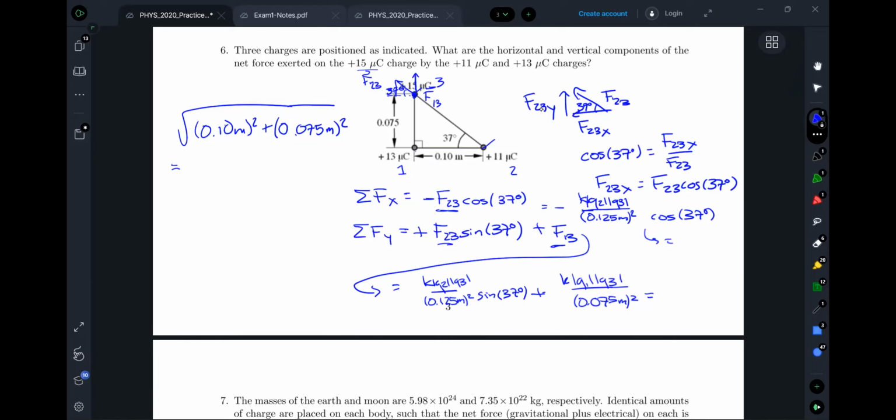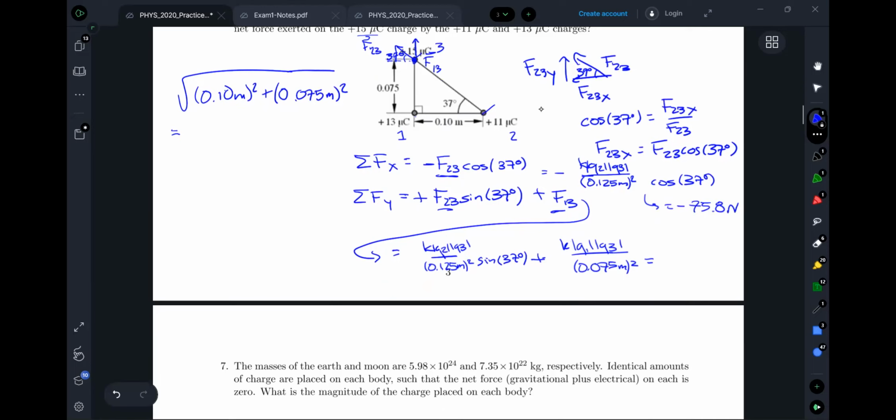I'm getting, I believe, negative 75.8 newtons here, and then positive 368.8 newtons here.